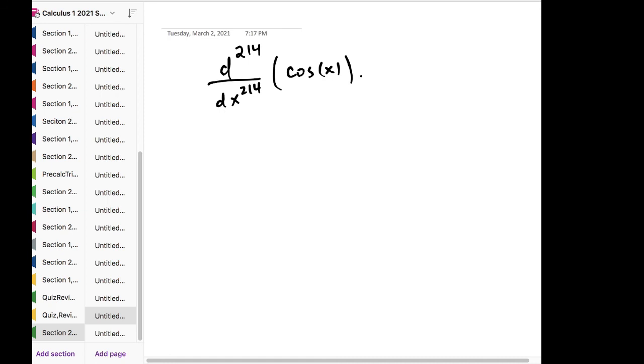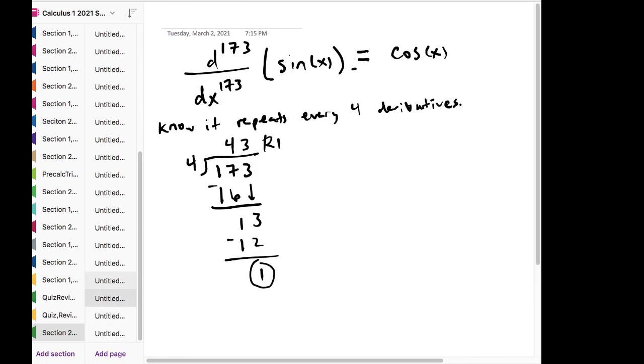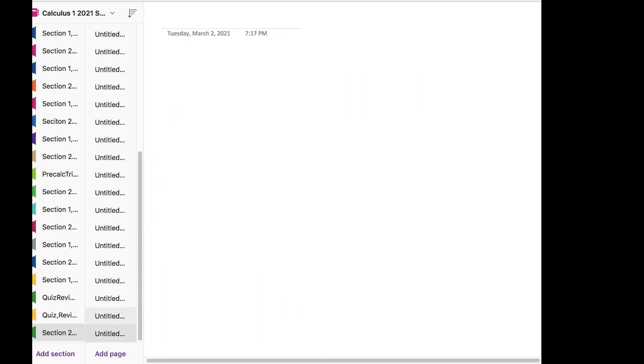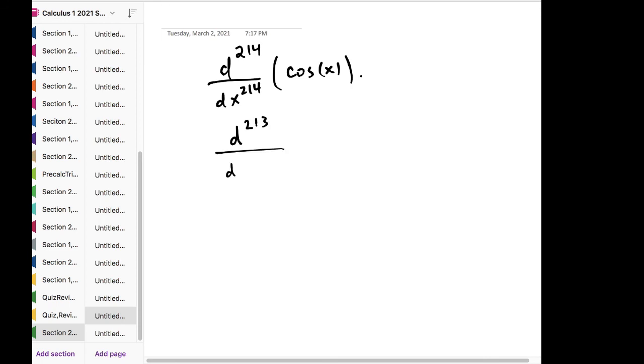No. Right, cosine already appears in the cycle for sine. What is it the same as? Same as doing one more derivative of sine.